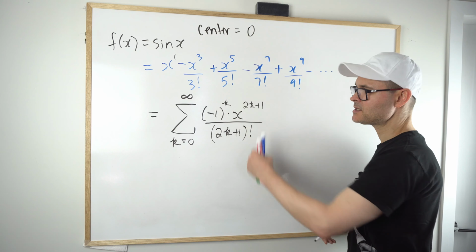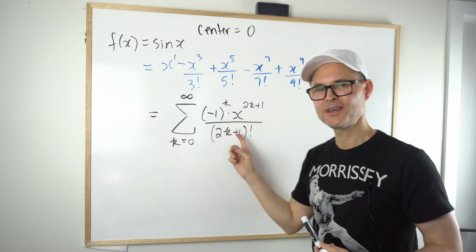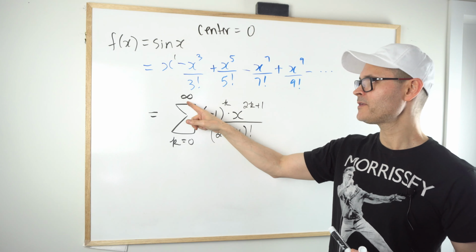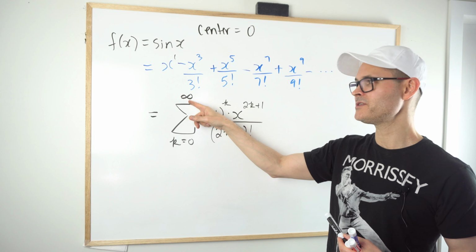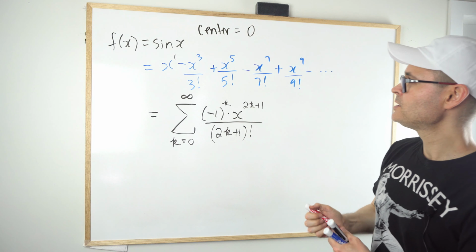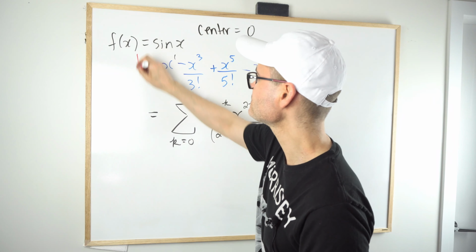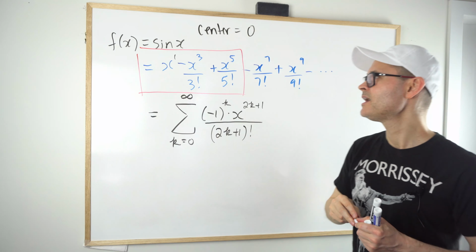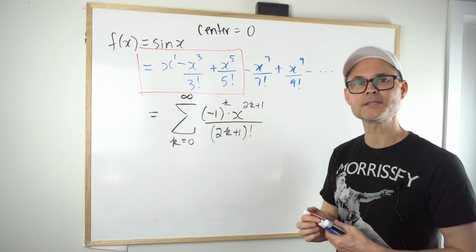So there's a nice succinct way of writing the sine wave, the sine function, using a polynomial, and you can cut that off at any place you want to. This is obviously going right to infinity, but you can terminate it, you can cut it off, just take the first few terms. You could plug that into your calculator or do it by hand if you wanted to, and you'll see that you're going to get some pretty good estimators.